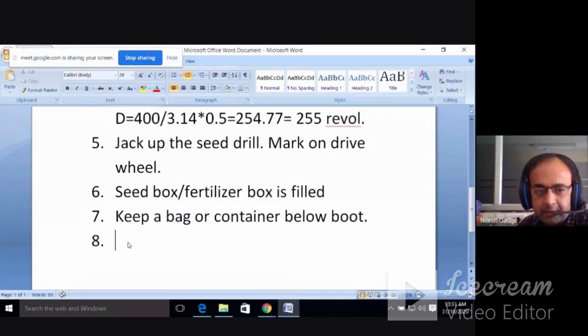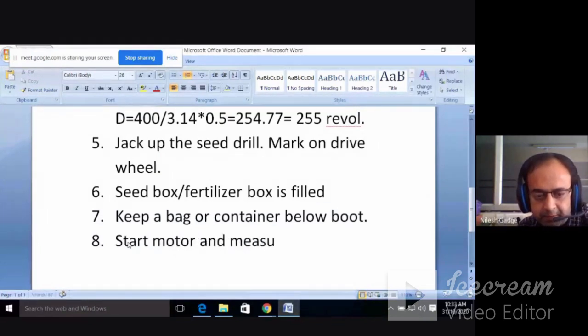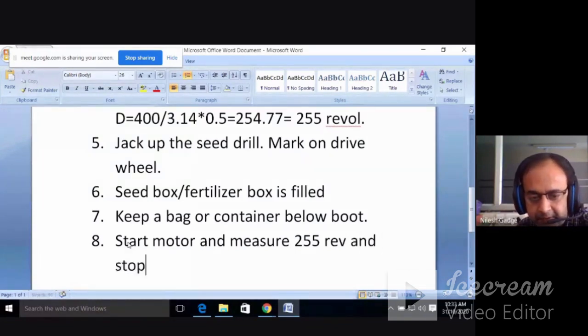Start the motor and measure 55 revolutions and stop it.